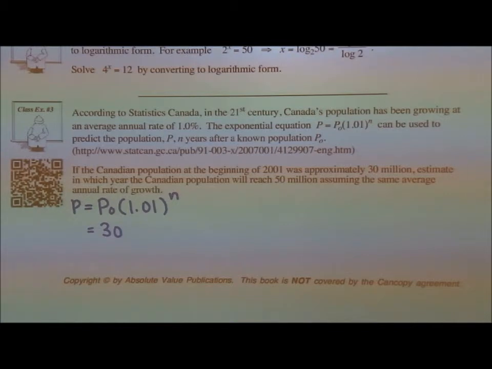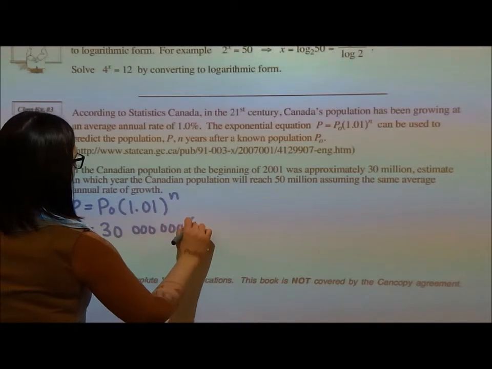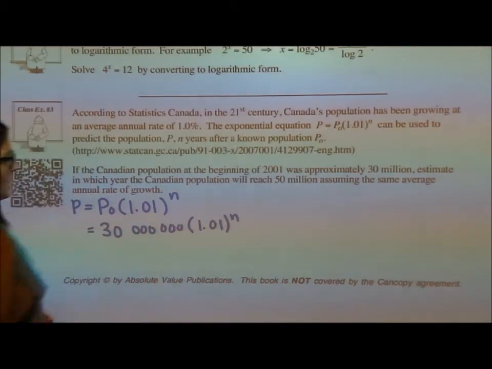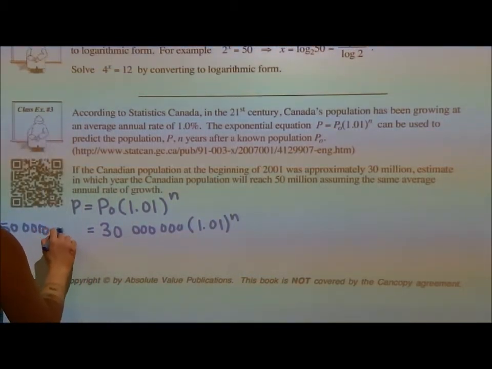Will it be necessary for me to write in all of the zeros? Well, let's check. What is my final population that I'm looking for? 50 million. Oops, one extra zero there.